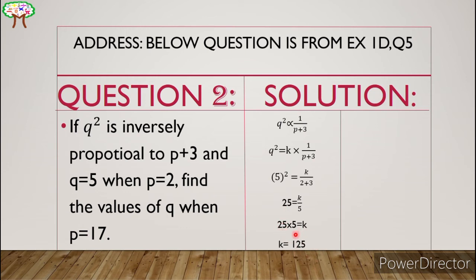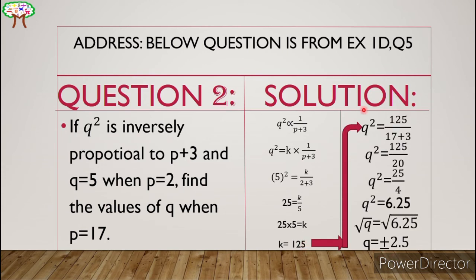Okay, 125 came as the constant. Now the second part is here, which is q square is equal to 125, the constant, upon 17 plus 3. Okay, 17 is the value of p, and q square is equal to 125 upon 20, because 17 plus 3 is equal to 20.